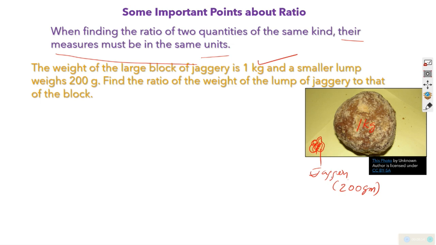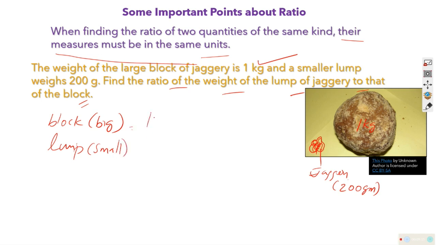And you are asked to find out the ratio of the weight of the lump of jaggery to that of the block. Block is quite big. Lump is quite small. And we have a measure here.